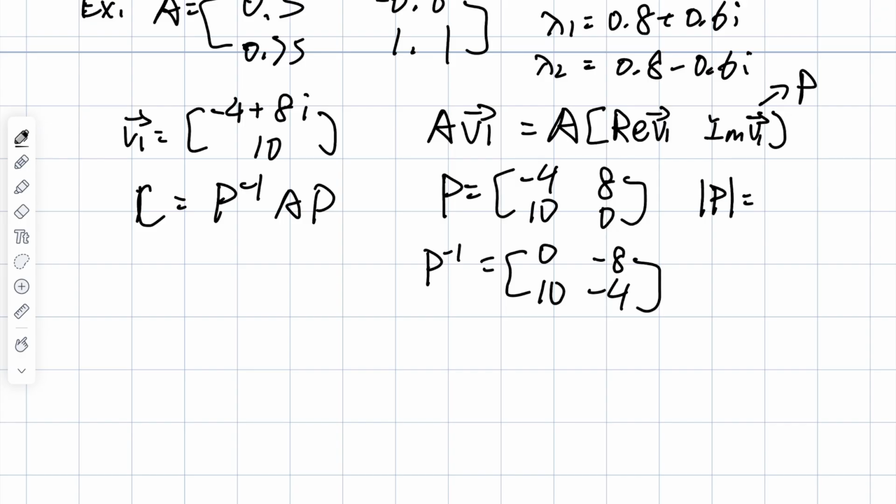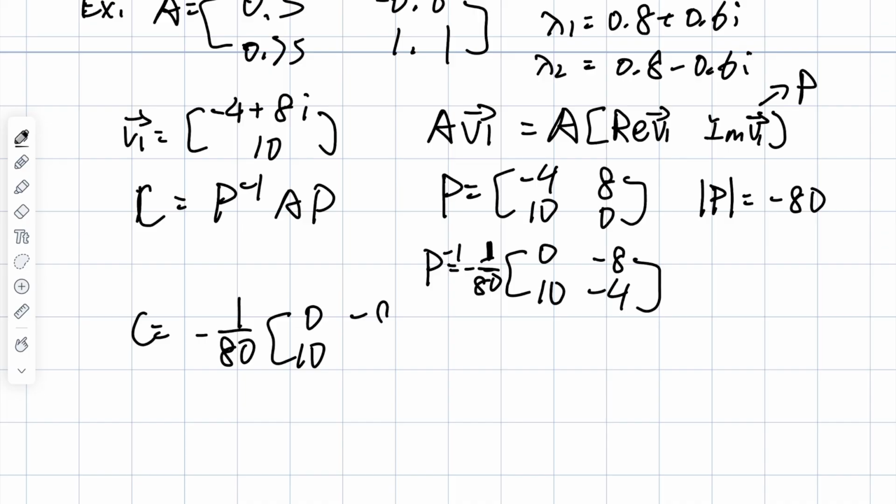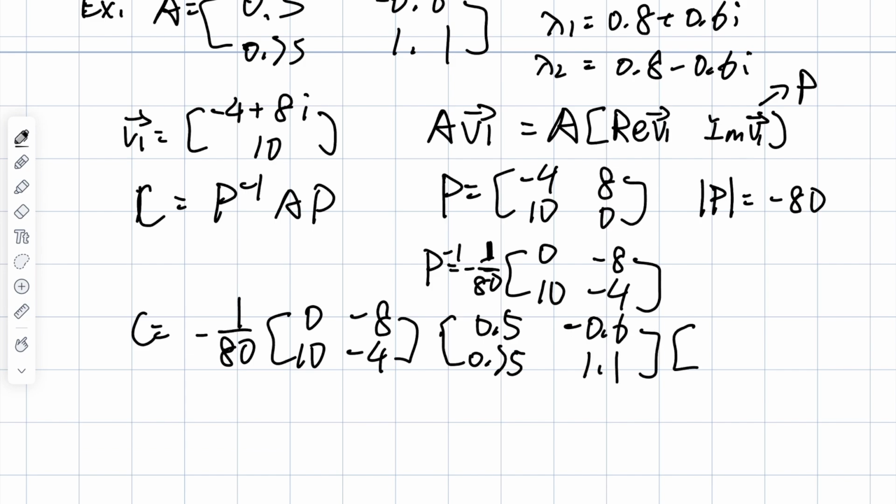The determinant of P is negative 80, so C equals negative 1 over 80 times 0, 10, negative 4, times 0.5, 0.75, negative 0.6, 1.1, and then negative 4, 10, 8, 0.